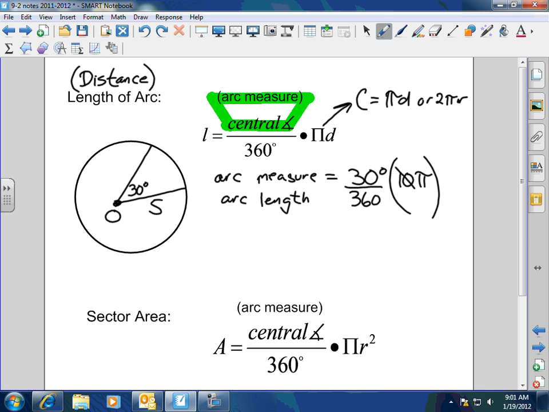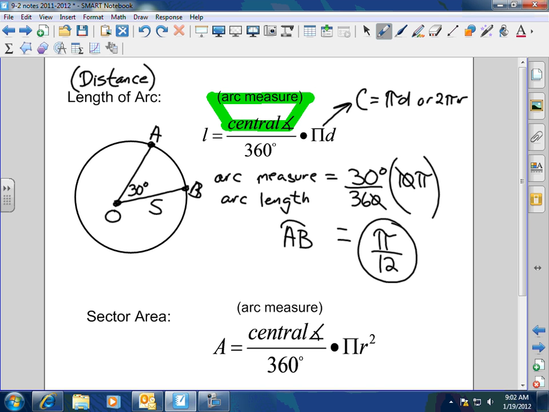So this is going to be pi over 12. That will be the distance of arc AB in this case. So arc AB, the length is pi over 12. The arc measure is 30 degrees.